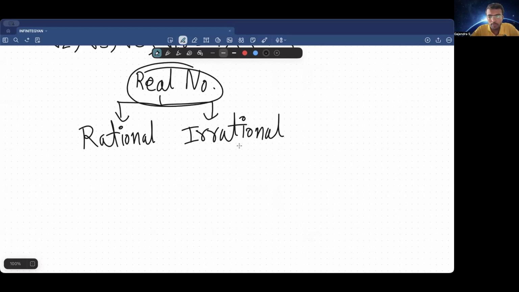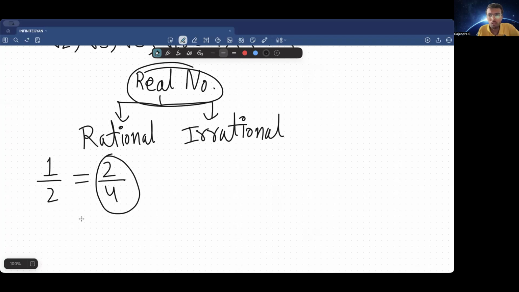Okay, proceeding further, in your books you have something called equivalent fractions. What are equivalent fractions actually? If I take an example, 1 by 2 is equivalent to 2 by 4. This can be reduced to the simplest form, and if that turns out to be 1 by 2, then these two are equivalent in nature.